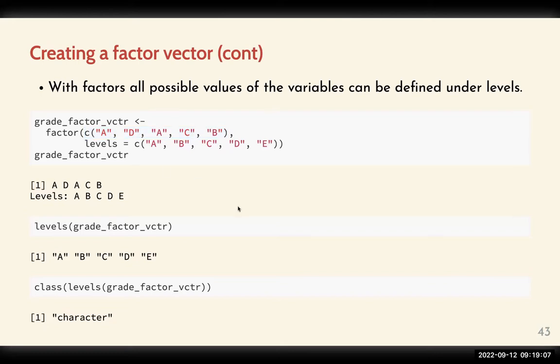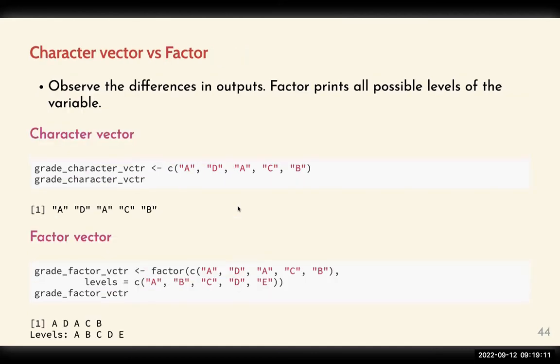Factors look like character vectors, but there are some key differences. First, the output. Here I have a character vector and here I have a factor vector. In a character vector, outputs are enclosed within double quotations. But in factors, it is not. Factors also display the levels of the variable.